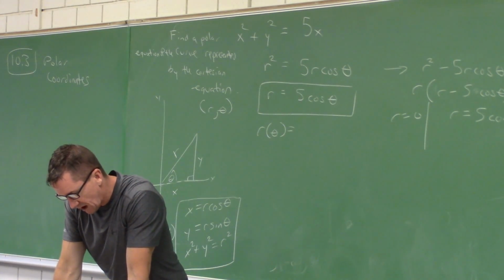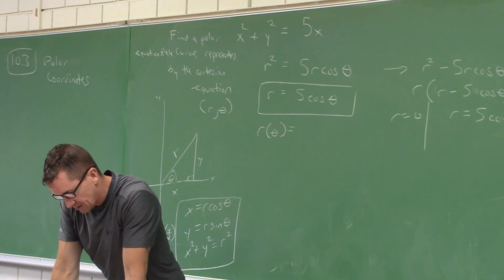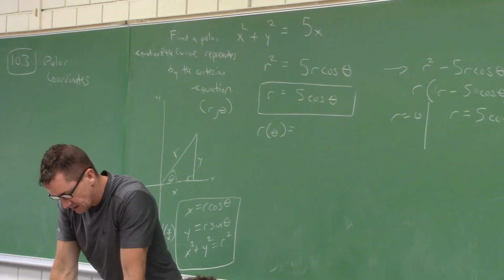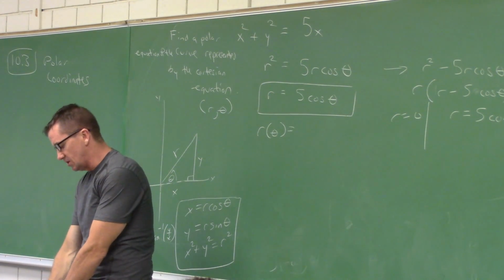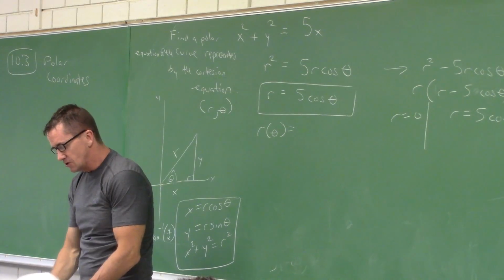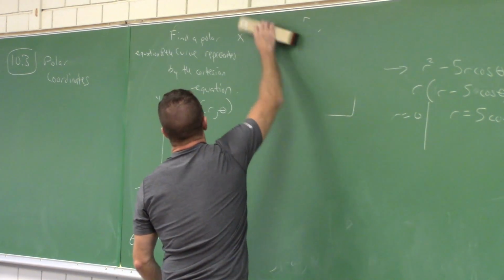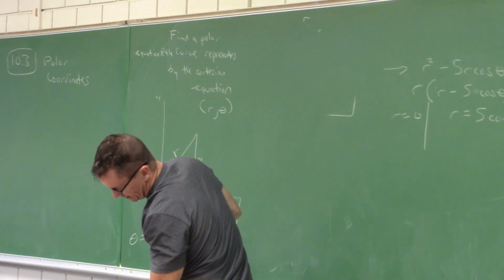We're now going to do two problems. These won't take long at all. The first one is r equals 2 sine 3 theta. We're going to sketch this. What number is this like? This one is like number 35.